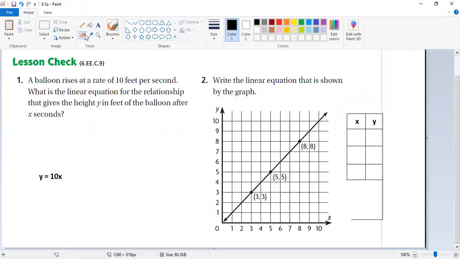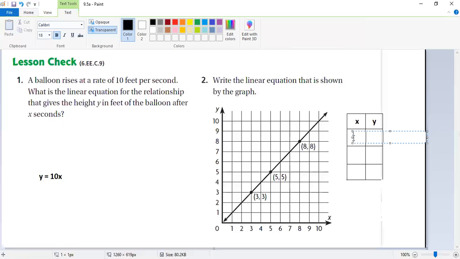Okay, now moving to question number 2. Again, I made a mess here. I forgot to erase this. Okay, so this is going to be the table. Of course, you have to draw a table, right? Because they're asking us to write the linear equation shown by the graph. So as usual, this is x, this is y. Let's write down the values. It's 3, and then y is also 3. For the next one, x is 5, y is also 5, x is 8, y is also 8.